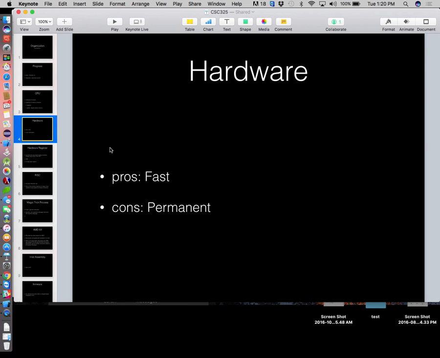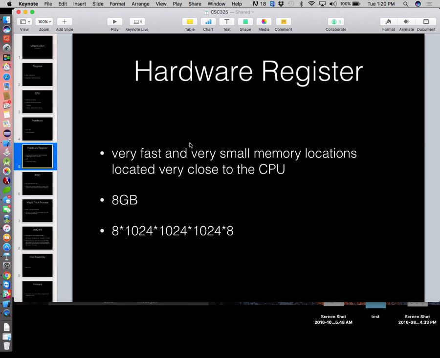So as we keep going through here, I'll talk about this. For example, when we're talking about hardware registers, the thing that should come to mind is the idea that they're really, really fast, and really expensive per byte to keep it down to some sort of minimal level. But they're fast and they're very close to the CPU, so that's where we want to work out of a majority of the time when we need to do calculations.